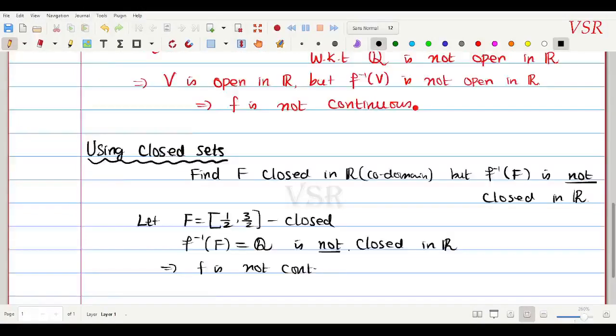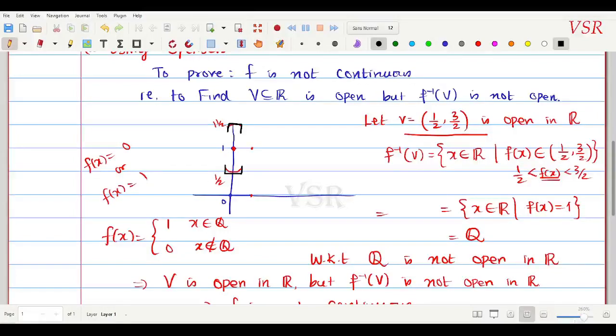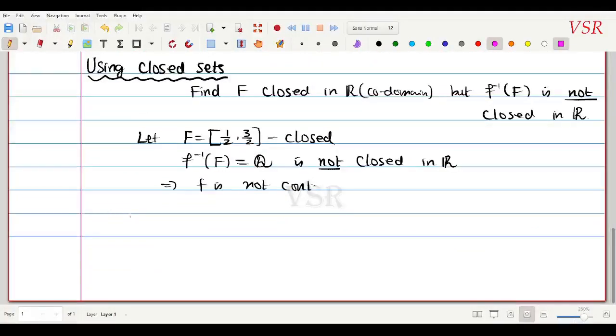சரி இந்த இடத்துல இதுக்கு பதிலா இந்த 0 வச்சு சொல்ல, நான் 1 ஃபோக்கஸ் பண்ணி சொல்லியிருக்கேன். இதே மாதிரி you can focus on 0 also, okay. இப்போ நான் என்ன பண்றேன் அப்படினா you take a closed interval [-1/2, 1/2] எடுத்துக்கோங்க. அப்ப அதுக்கும் இதே வொர்க் ஆகும். So for F equal to closed interval [-1/2, 1/2] ஆக இருந்ததுனாலும் we have this f inverse of F equal to Q complement, set of all irrational numbers, okay, this is also not closed.